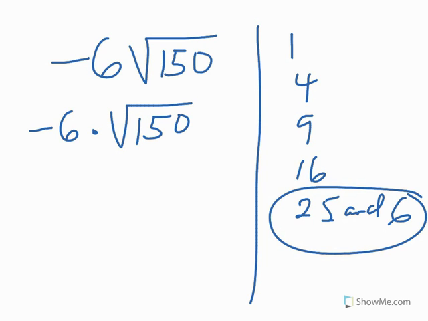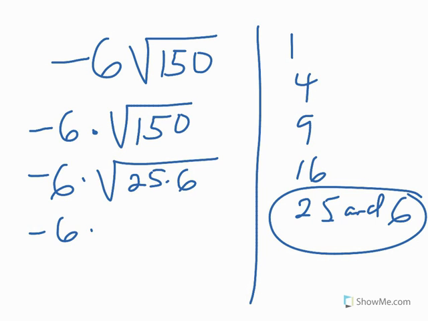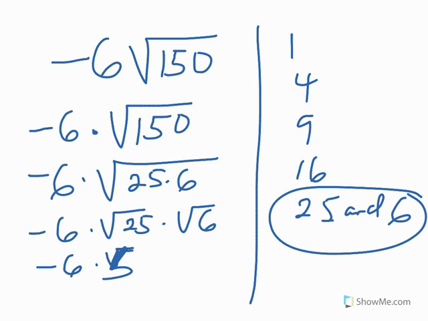So this is what we're going to use. This is negative 6 times the square root of 25 times 6, which is negative 6 times the square root of 25 times the square root of 6, which is negative 6 times 5 times the square root of 6, which is now negative 30 square root of 6.